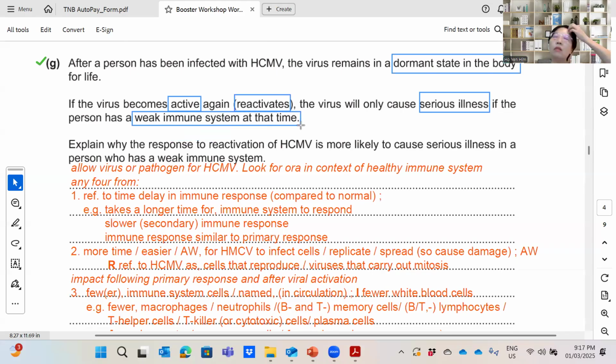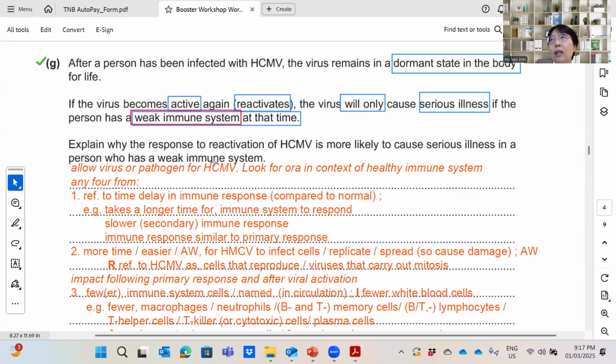That means after the virus infects the person, it will remain dormant and the person will not show any symptoms. And even if the virus is reactivated, it will only cause serious illness if the person's immune system is weak. So weak immune system is the keyword.